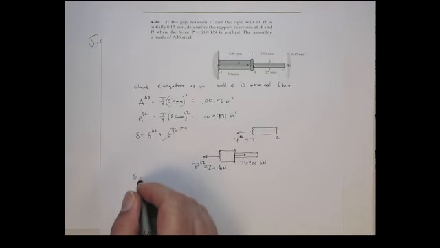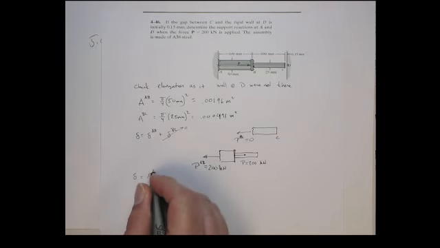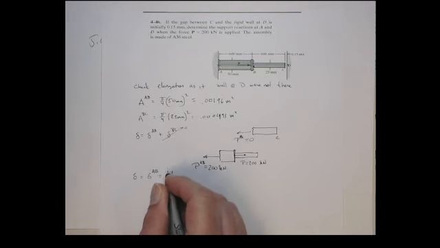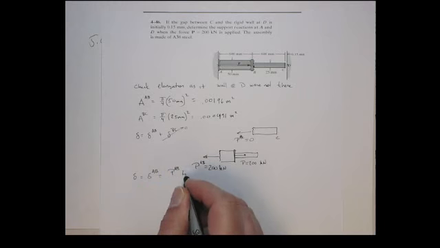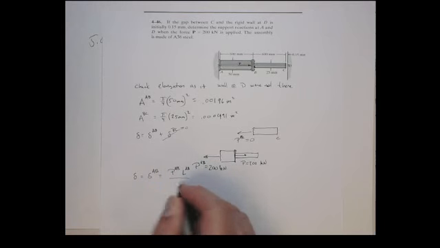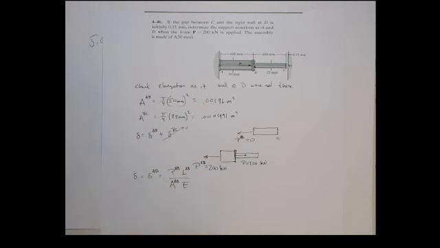So the total elongation in that case is just the elongation of section AB, which is the force in that section, P_AB, times the length of section AB over the cross-sectional area times Young's modulus, and they're all constant.